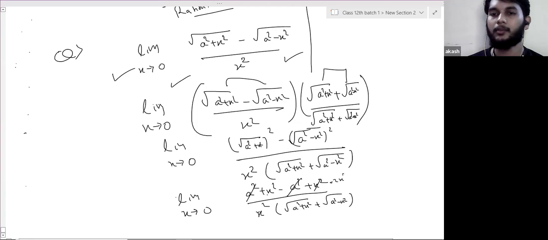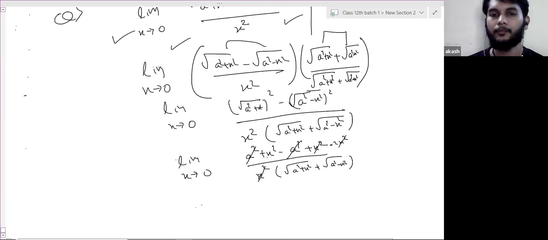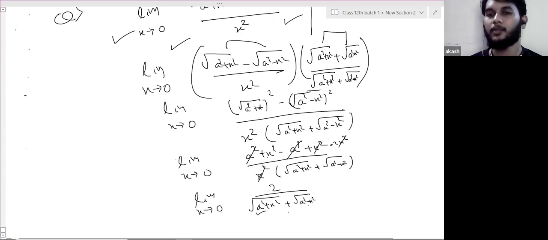So x square and x square we can cancel. So finally we'll have limit x tending to 0, 2 upon under root a square plus x square plus under root a square minus x square. Now put x equals to 0. This is under root a square, under root a square, 2a. 2 by 2a is 1 upon a.